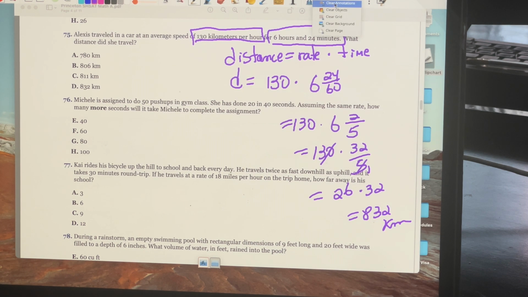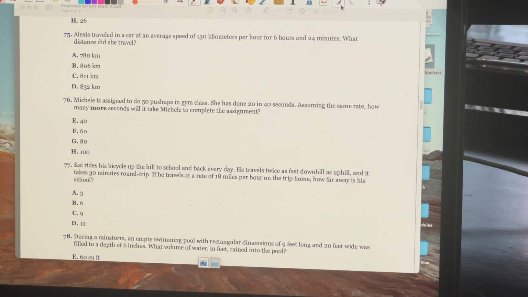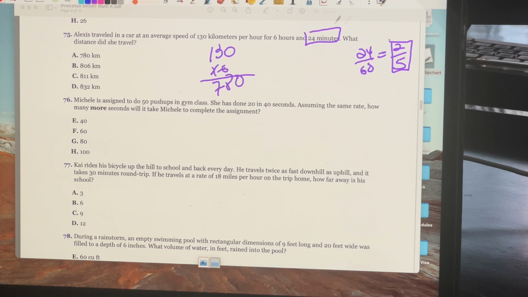Okay. Could you have done it another way? Well, yeah, you could have done 130 kilometers times 6, which is 780, and then 24 minutes out of 60 is 2/5 of an hour, right? And you could have taken 2/5 of 130.